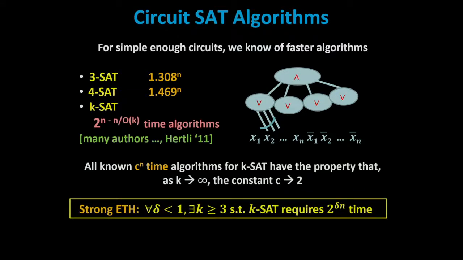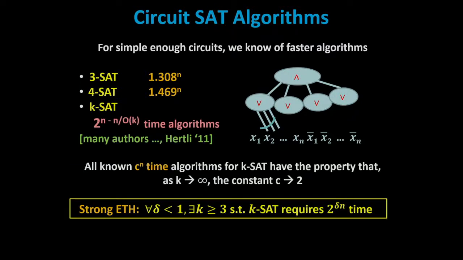Okay, so this led to the following hypotheses. The strong ETH, which says that for all delta less than 1, so think of delta as like 0.999, there exists some constant k, so that K-SAT requires 2 to the 0.999n time. Okay, so essentially, getting any string of 9s is just not possible.